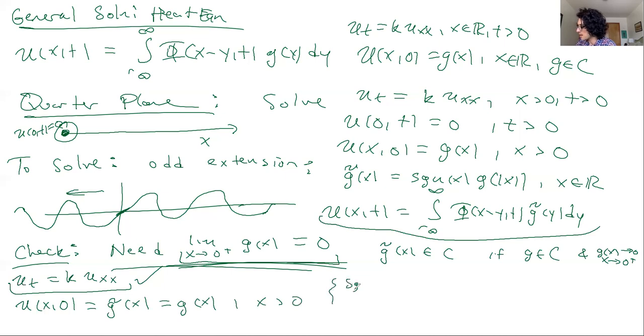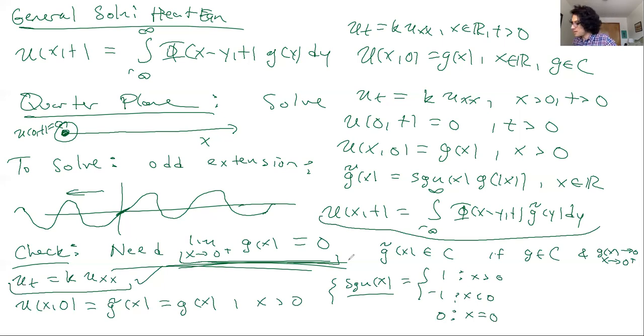Because, right, the sign function, or some people call this the signum function, is just going to be 1 and minus 1, and then it's going to be 0, right? Depending on whether x is greater than 0, x is less than 0, or x is just equal to 0, right? So even though this is a piecewise continuous function, because g vanishes at 0, everything is fine, okay?